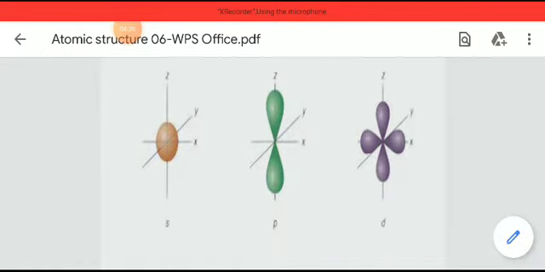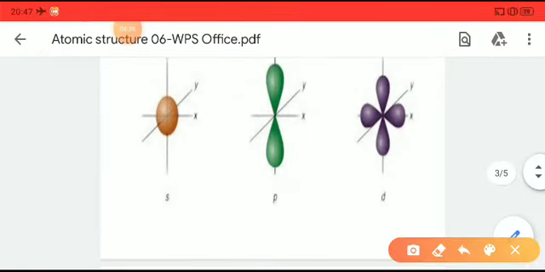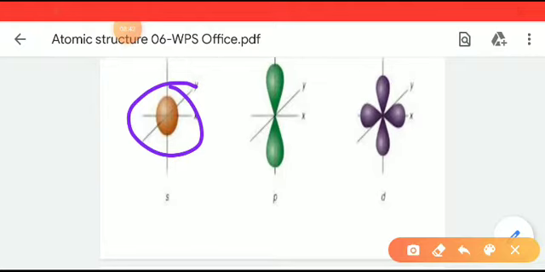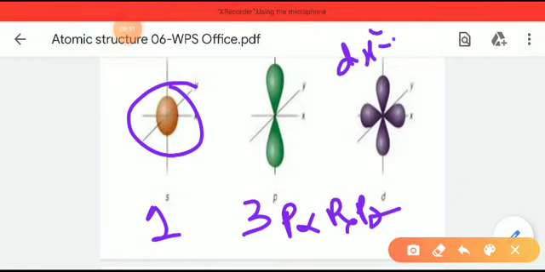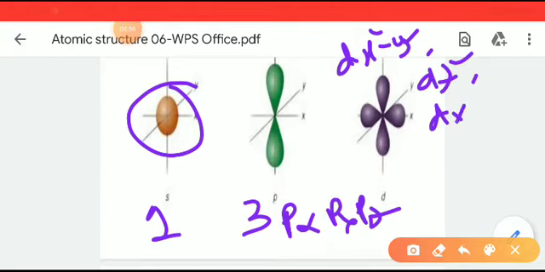So the S orbital has only one suborbital, but the P orbital has 3 suborbitals, namely Px, Py and Pz. The D orbital has 5 suborbitals, that is dx square minus y square, dz square, dxy, dyz and dxz.